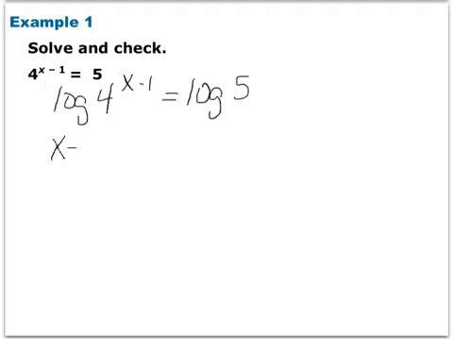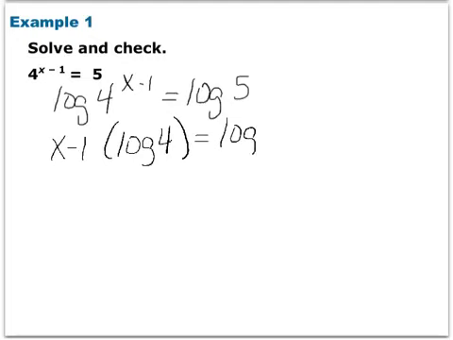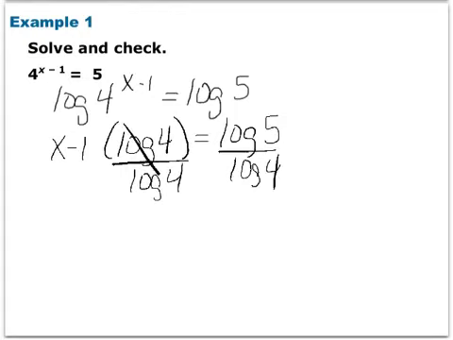I can move that x minus 1 over. x minus 1 times log 4 equals log 5. I can't evaluate log base 10 of 4 by hand, but I can divide both sides by log 4. They cancel out. So I have x minus 1 equals log 5 over log 4.